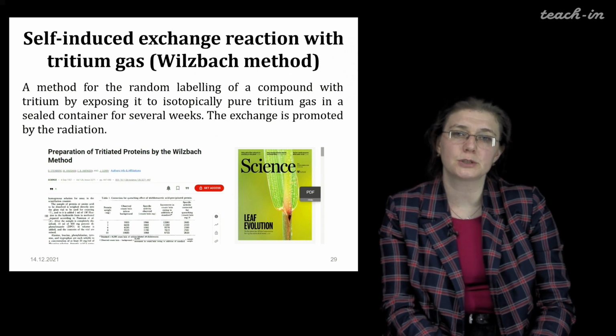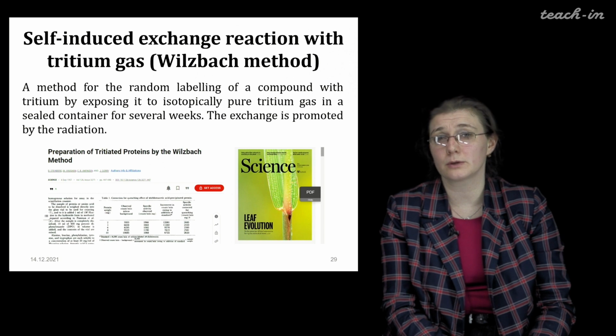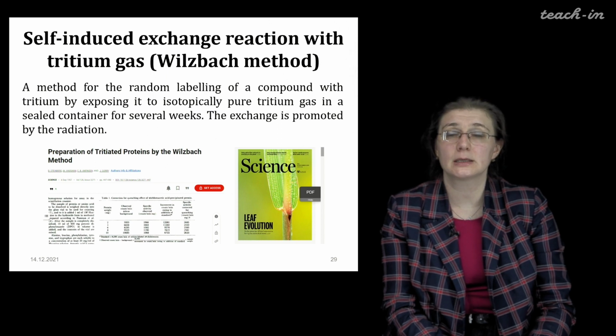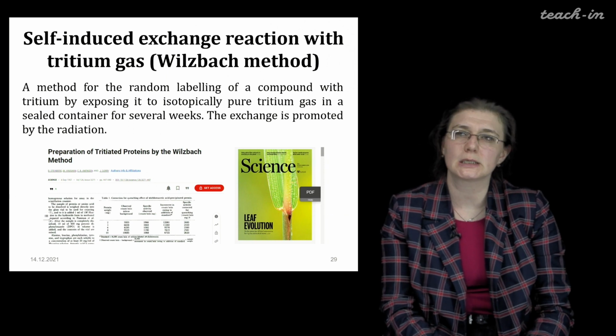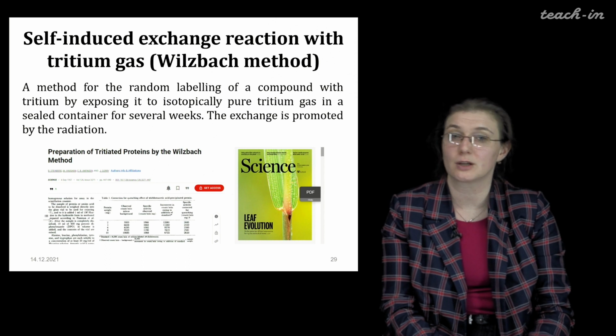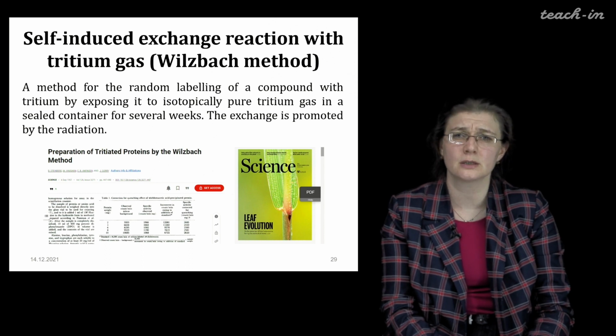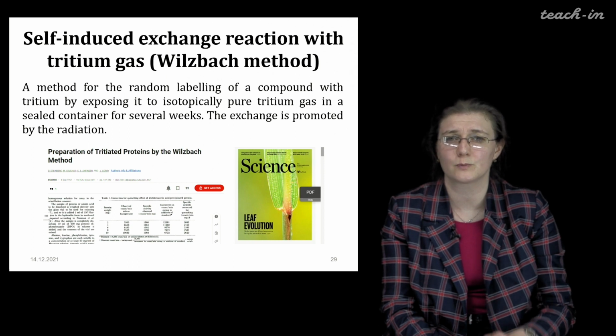If we put an organic molecule into an ampoule which is filled with tritium gas and keep it for a long time, as I remember, Wilzbach kept it for several weeks, but it's better to keep it for several months, to give a chance for tritium to decay.